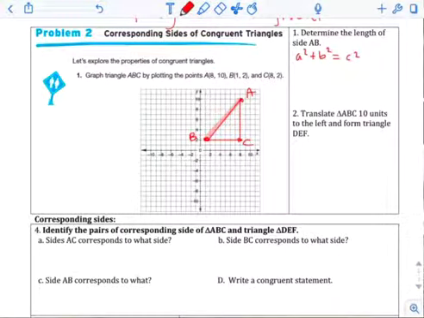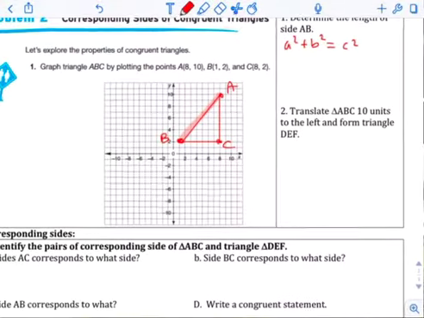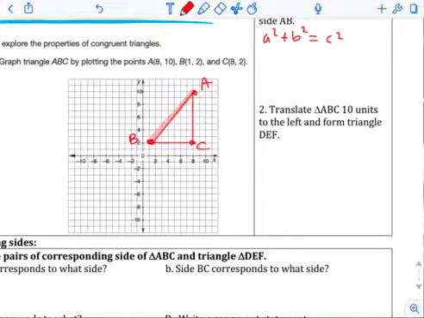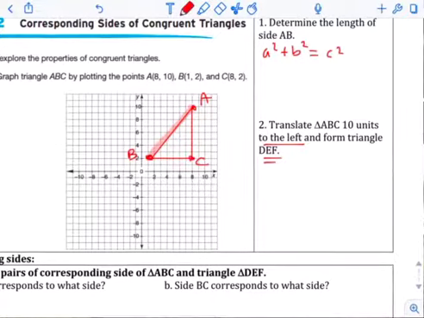Okay, let's do that. Find that length. So that's 6.